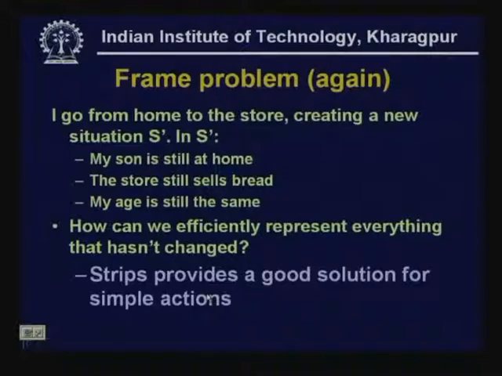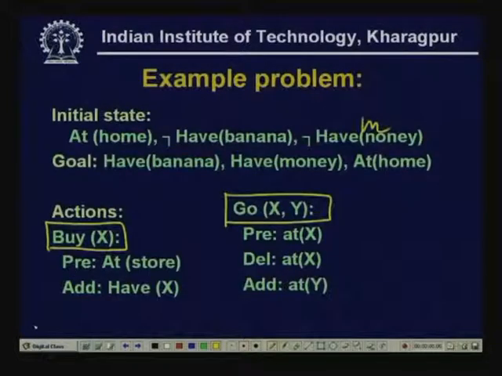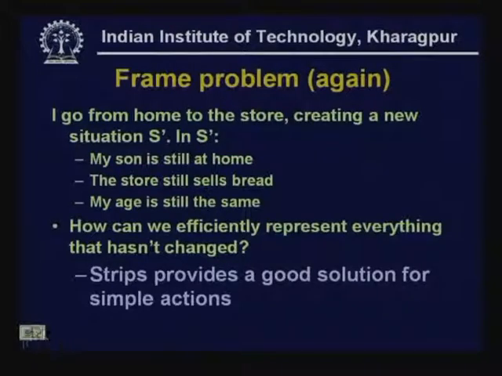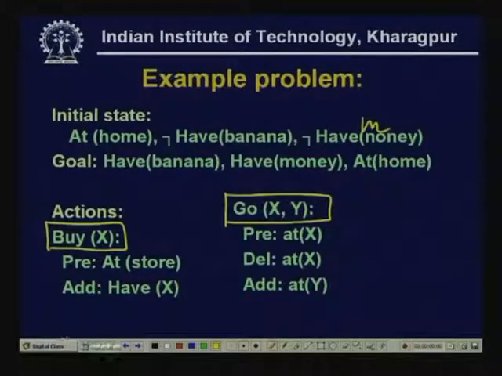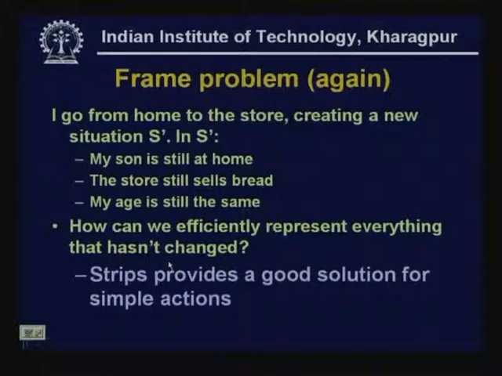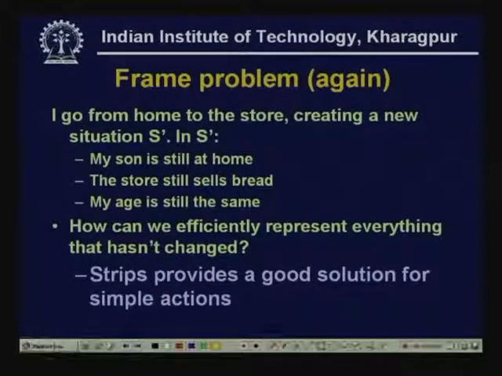Now, initially suppose we are at a situation S. When we go from home to the store, we are at a new situation S prime. In S, my son is at home, the store sells bread, my age is 38.